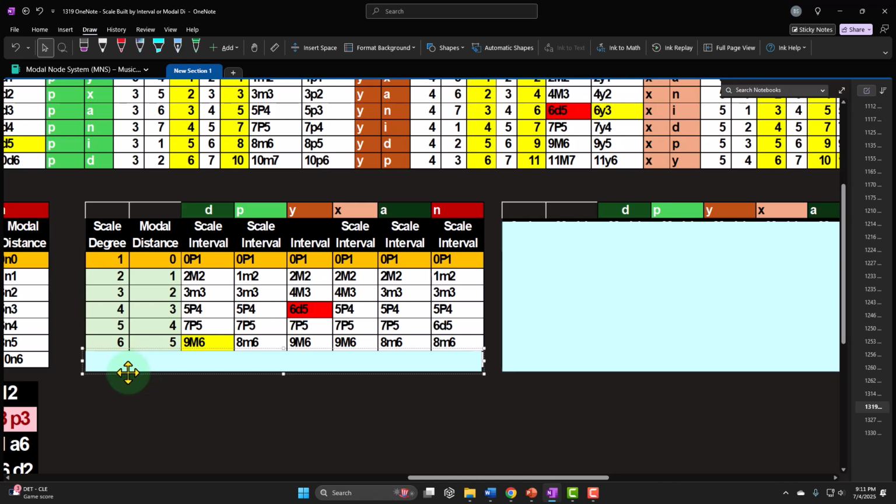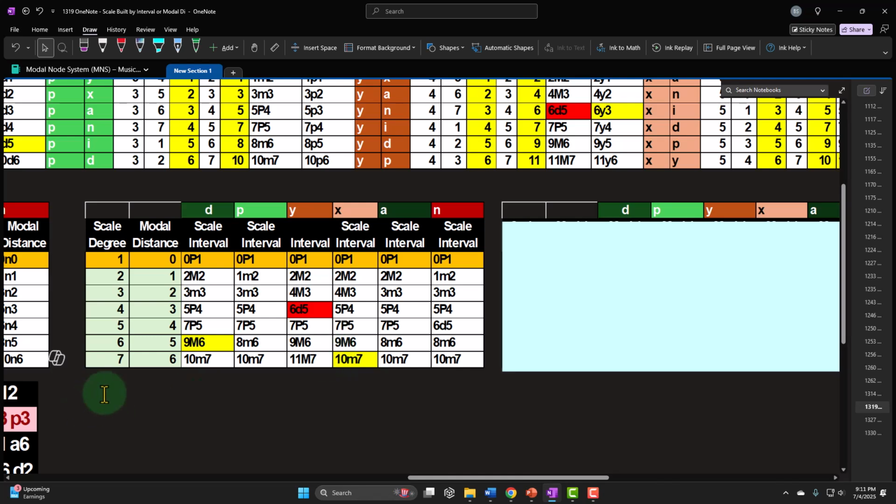But in any case, if I go 6 scale degrees up, 5 modal half steps, on the minors you get a major for the Dorian, 9 note away distance. Whereas the Phrygian, you get an 8 note away distance, and the Aeolian, you get an 8 note away distance, and the Locrian even, you get an 8 note away distance. This is where the Dorian is closer to the Lydian and Mixolydian, the major modes.